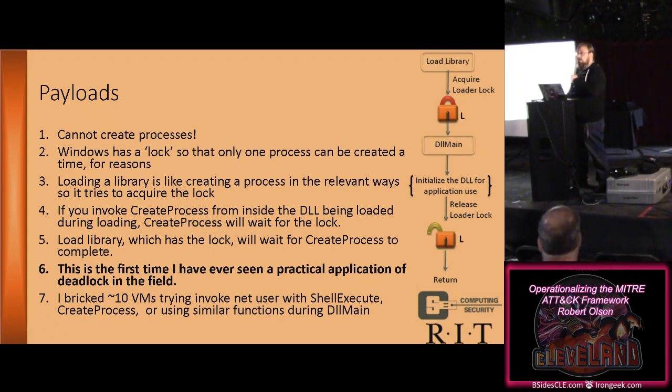So if you're following this, the loader lock gets acquired when the Absurd DLL gets loaded as a part of executing. Now, CreateProcess also invokes the loader lock, which is a problem.